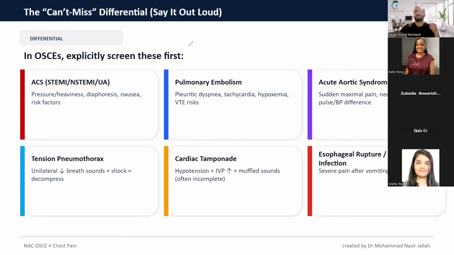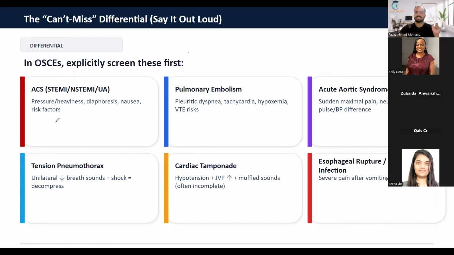Now, if you come across a patient with chest pain, make sure you are ruling these things out first. First thing is acute coronary syndrome. Look at the patient.